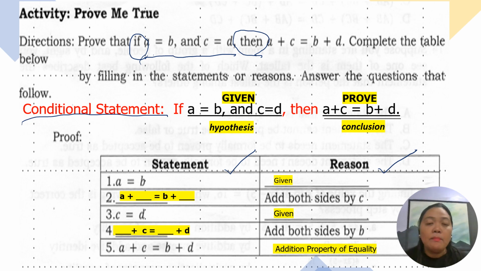Shall we do number 2? For number 2, the statement is actually blank, but the reason says that we need to add both sides by C. Take note that A equals B and C is equal to D. If we add both sides by C, then our first statement should be A plus C. Shall we write C here?